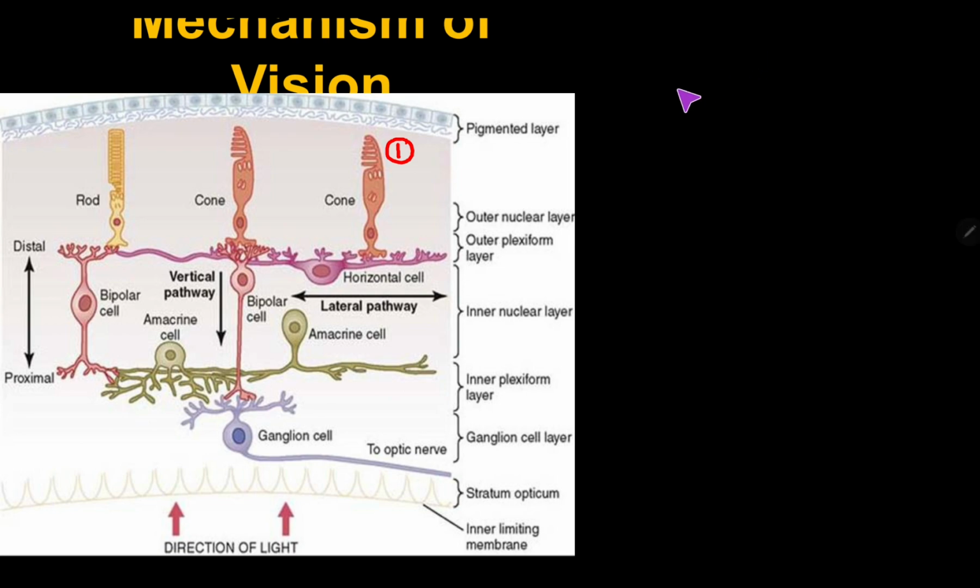If I am taking rod cells, in the rod cell our rhodopsin pigment is present. In this rhodopsin pigment, retinol is present. This retinol is present in the cis configuration, the 11-cis retinol configuration.